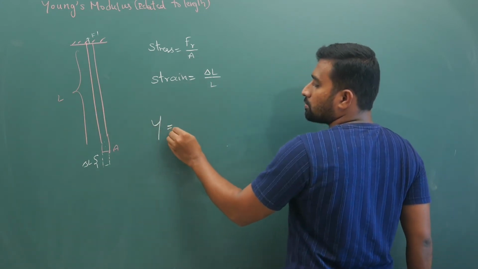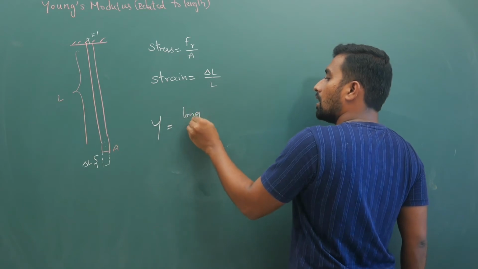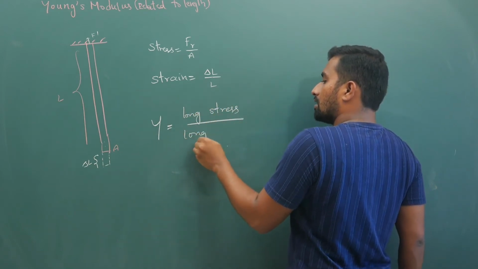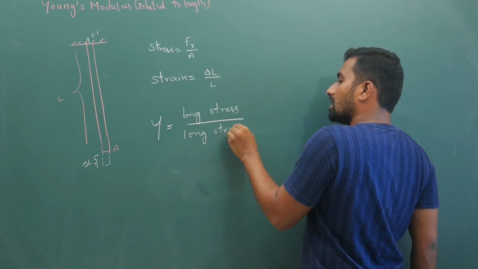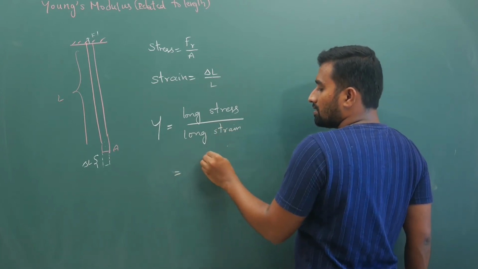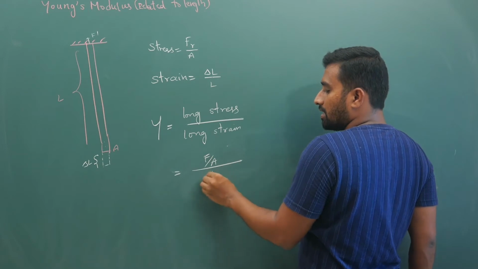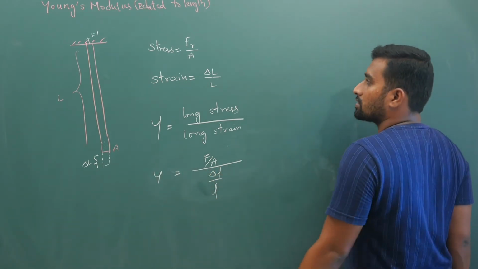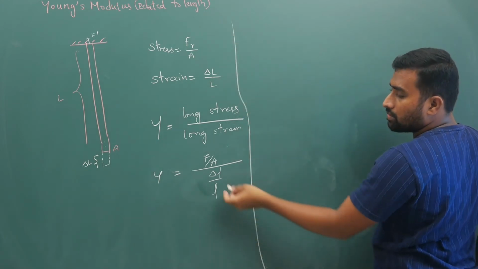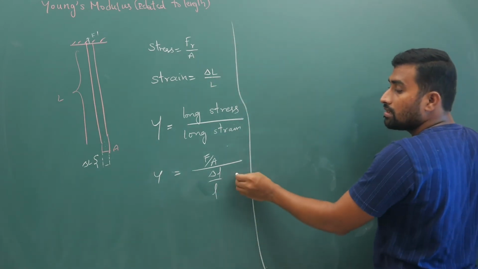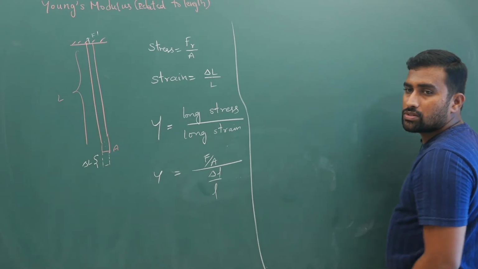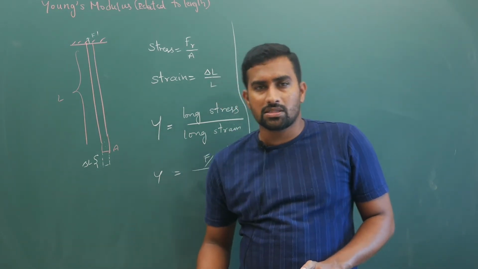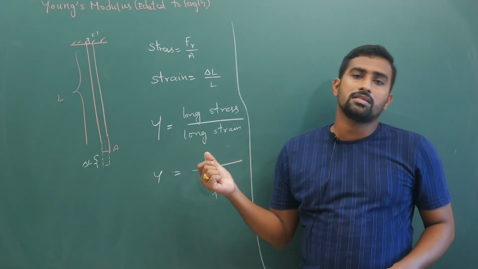Now your Young's modulus is longitudinal stress by longitudinal strain. The word longitudinal is indirectly related to length. So you get force by area, divided by change in length by original length. This is your Young's modulus. We are going to use this definition in thermal expansion, where we can relate elasticity with the thermal expansion chapter and do the calculations accordingly.